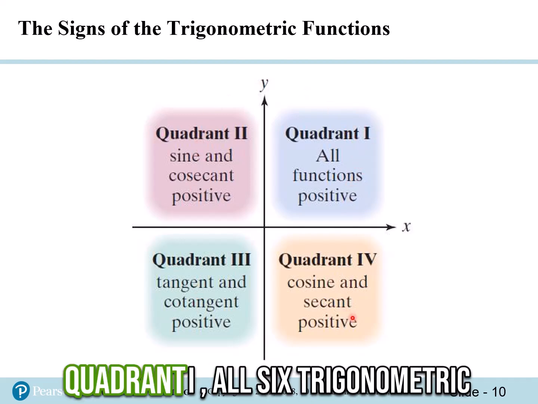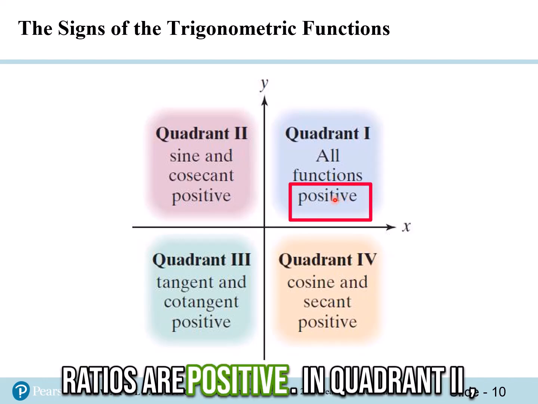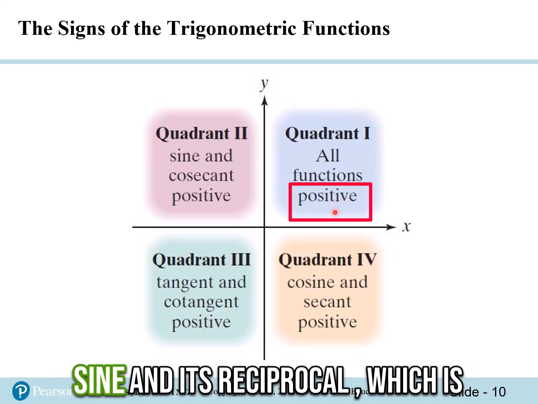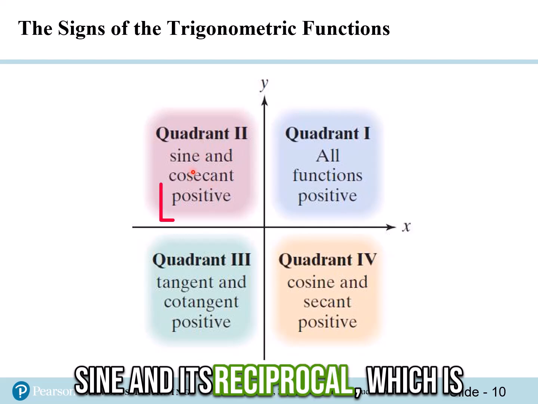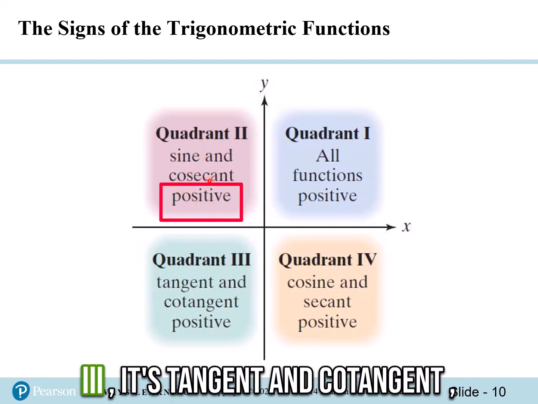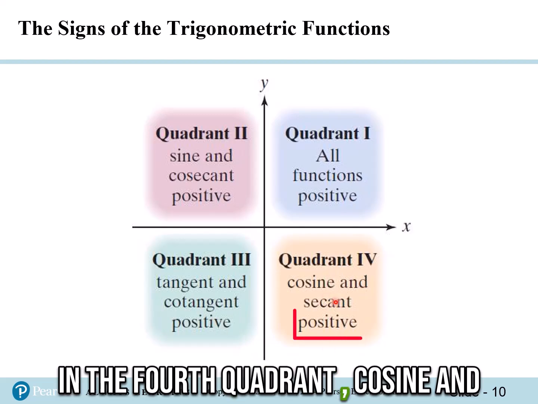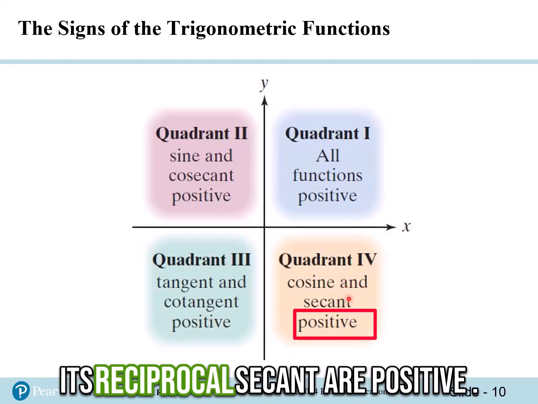In quadrant 1, all 6 trigonometric ratios are positive. In quadrant 2, sine and its reciprocal, which is cosecant, are positive. In quadrant 3, it's tangent and cotangent, which are positive values. Whereas in the 4th quadrant, cosine and its reciprocal, secant, are positive.